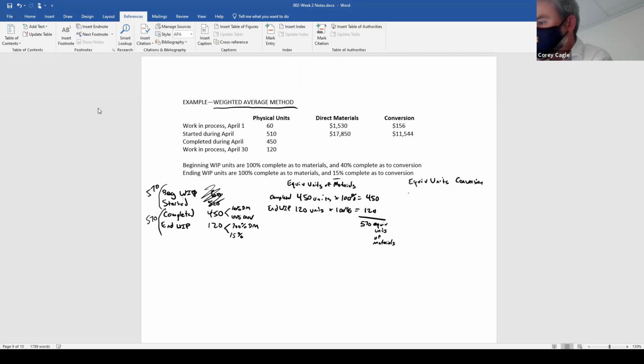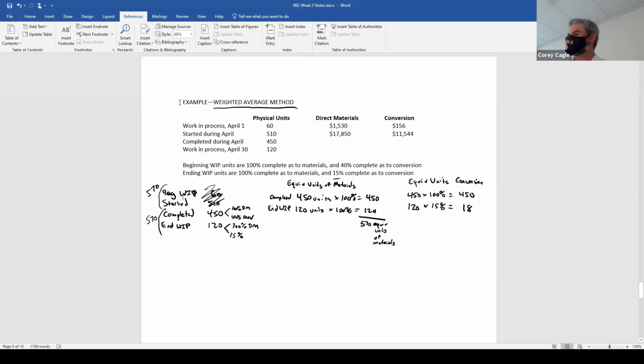So I do have 450 units that are fully converted. But I got 120 units that are only 15% converted. So 120 times 15% is 18.